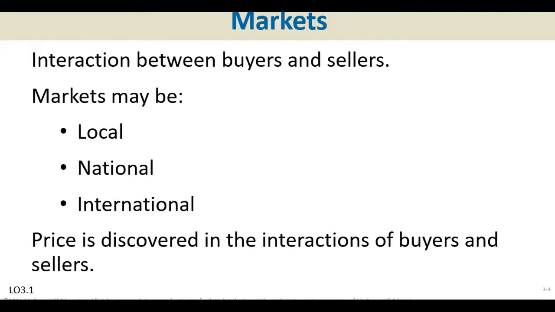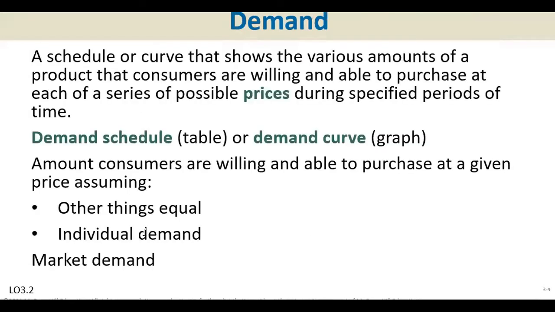So we have a local market, national market, and international market as well. And on the market is where the price is discovered, in the interaction of buyers and sellers.